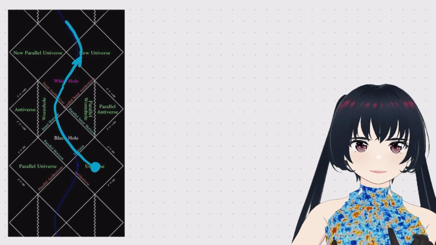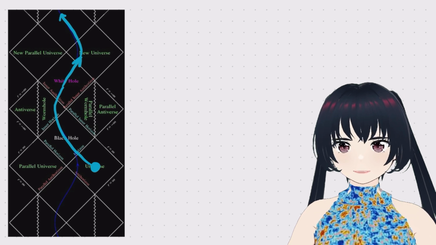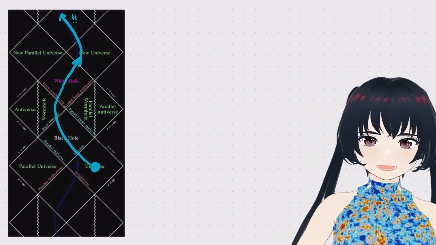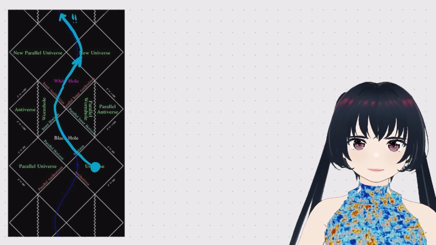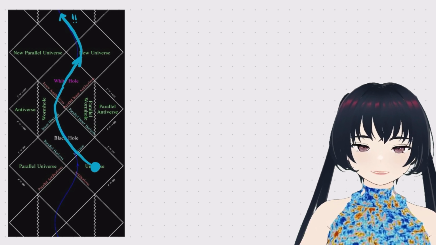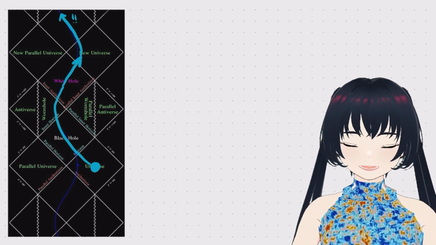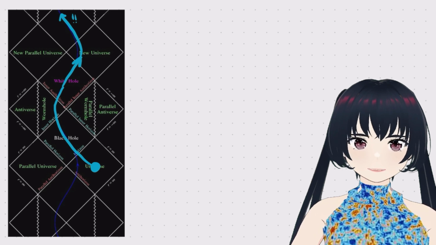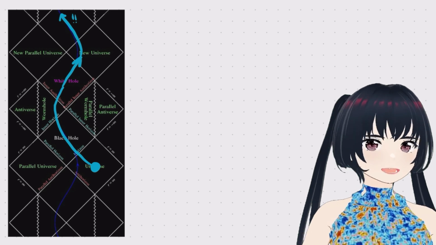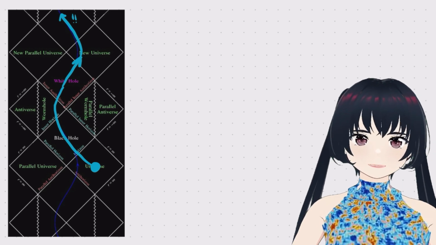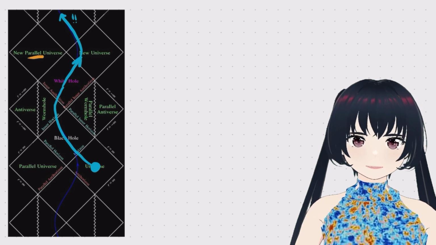We can actually keep going on, entering a black hole, emerging from a white hole, entering a new universe, and so forth. Which means that the full Penrose diagram for a rotating black hole can stretch infinitely. You might also notice that there are blocks representing parallel universes here.